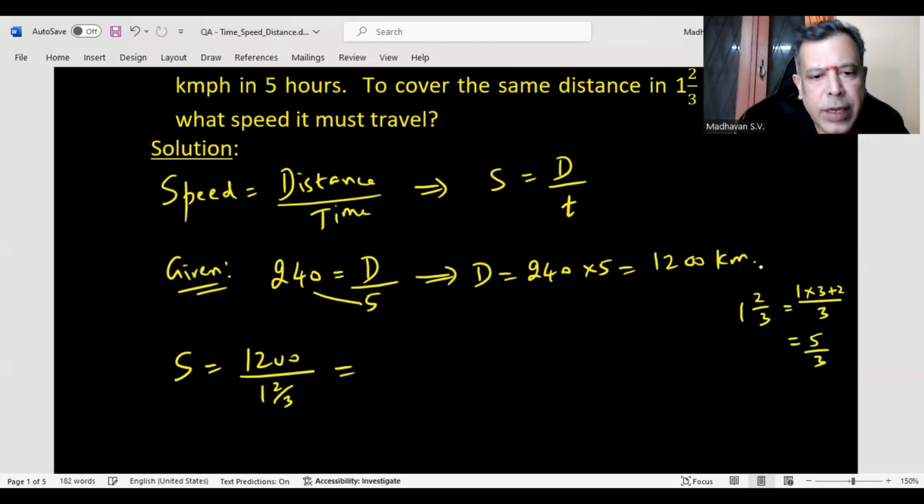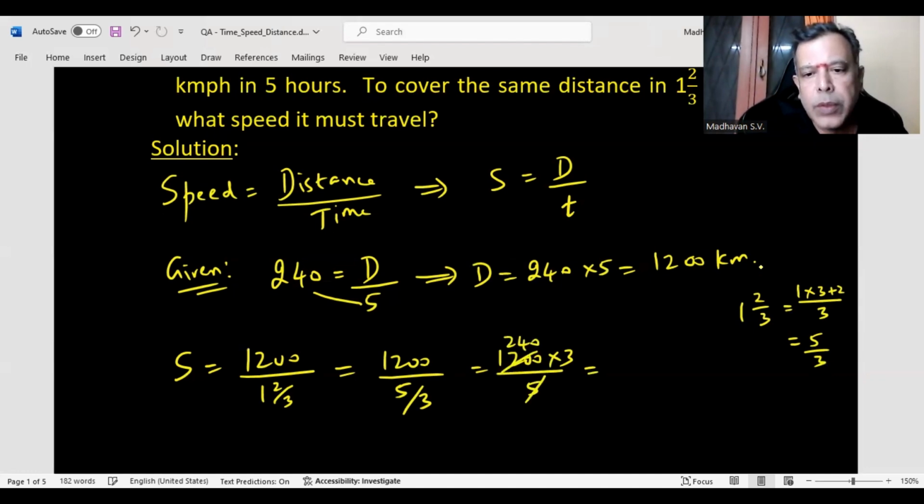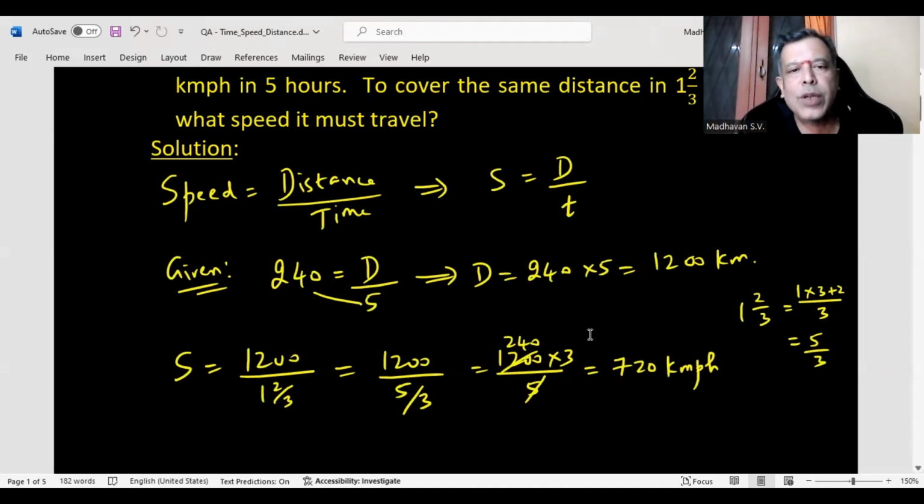So this can be rewritten as 1200 by 5 by 3, which is nothing but 1200 into 3 by 5. So this goes with this 240 times. So we'll get 720 kilometer per hour. That is the required speed if it has to cover the same distance in 1 2 by 3 hours. Let us move on to the next question.